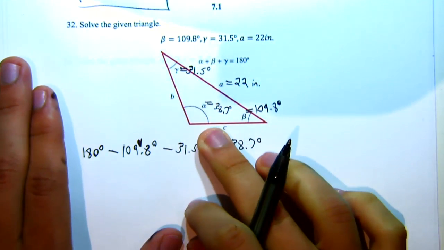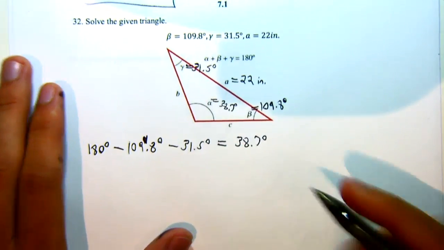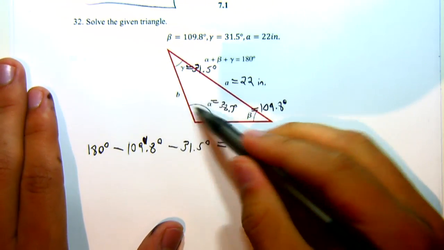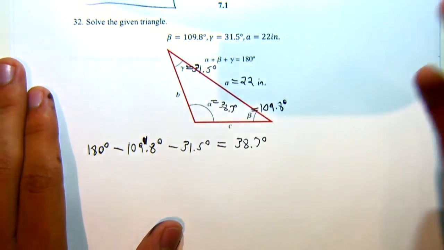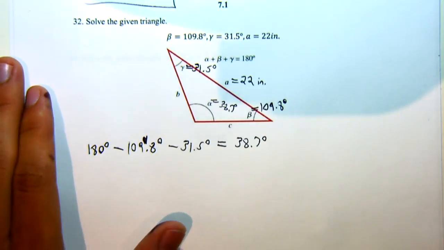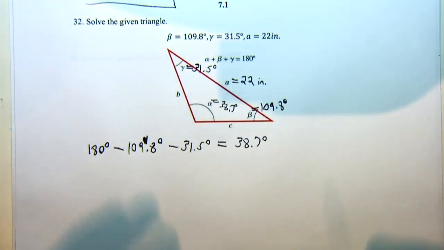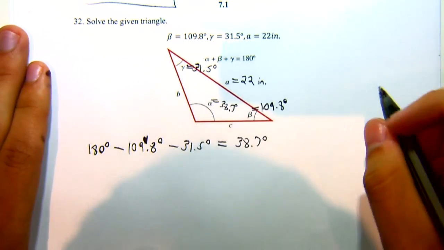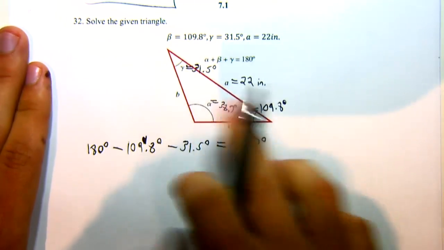Now this triangle is clearly not to scale, because, you know, this angle is like the biggest one and the angle is like pretty small. And this is 109.8. So they might just draw a triangle like that just to trick you. So don't worry about how the triangle looks, just worry about the measurements and what their associated lengths are. All right, so alpha is equal to 38.7.